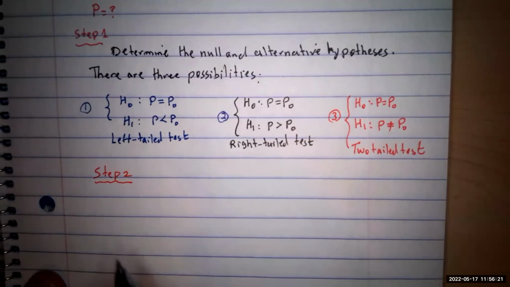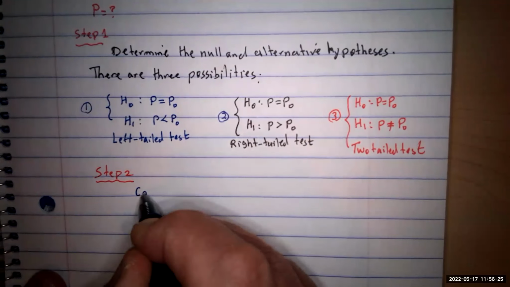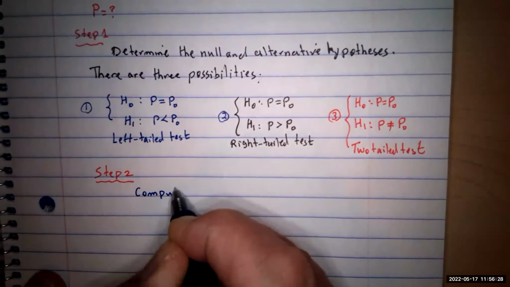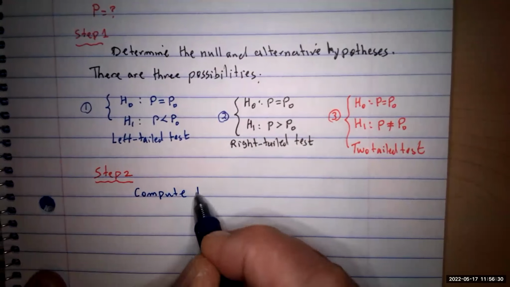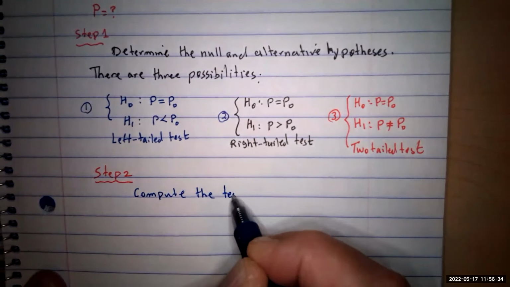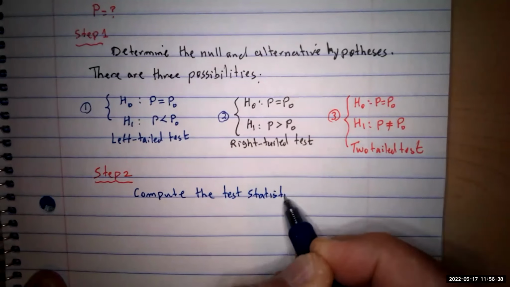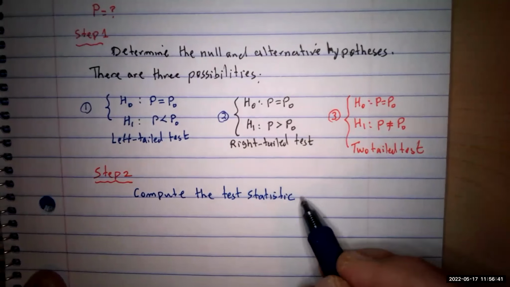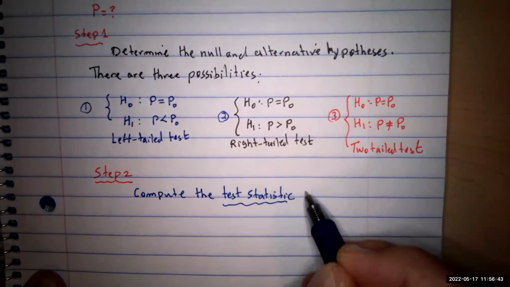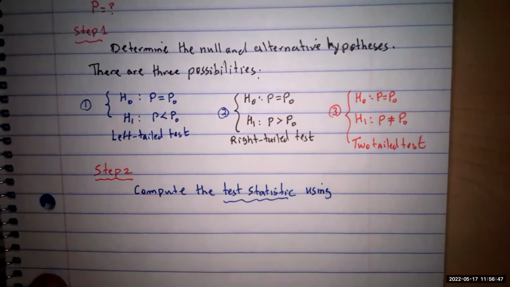We're going to compute the test statistic using this formula. It's a Z format, but the special Z.